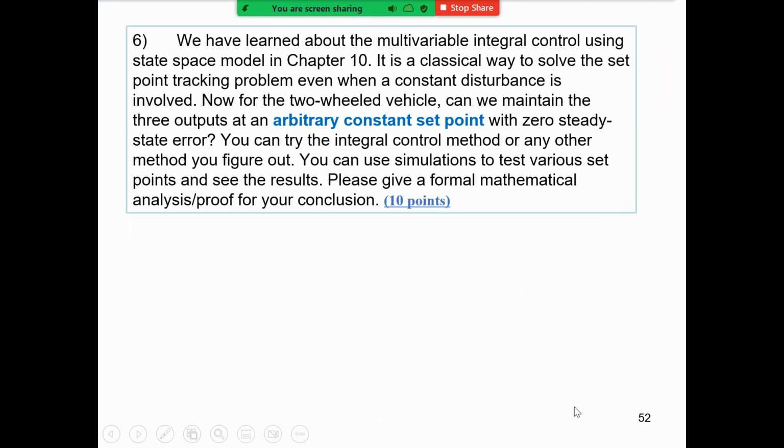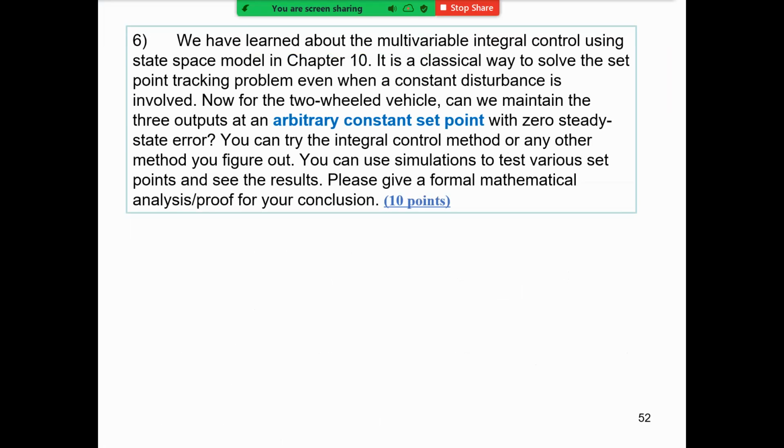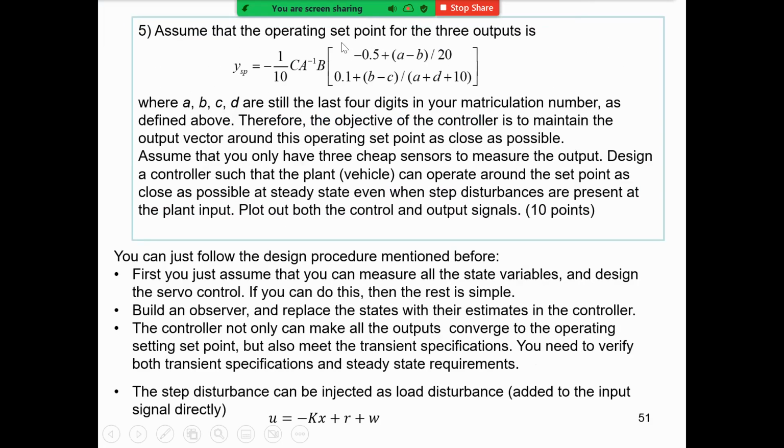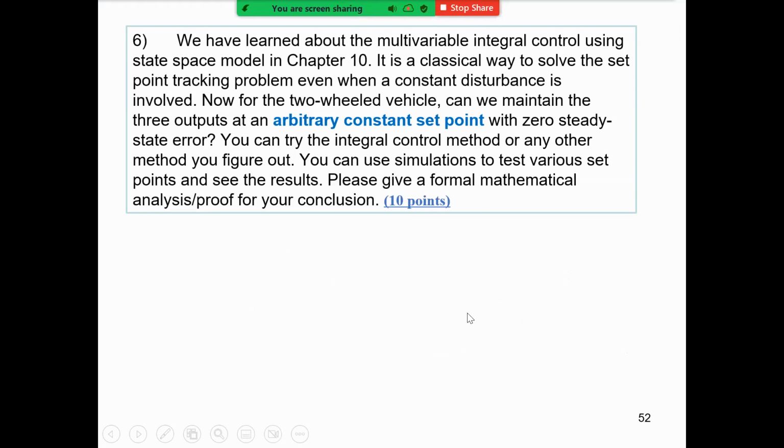Now, question 6. So we learn about the multivariable integral control using state space model, chapter 10. So that should be chapter 9. It's a classic way to solve the set point tracking, right? Now, in part 5, I specify the set point in a very special form. The way I specify it in this way is actually related to the solution to part 6.